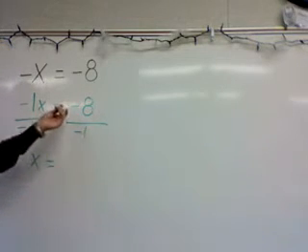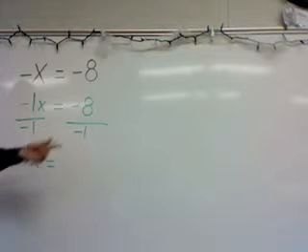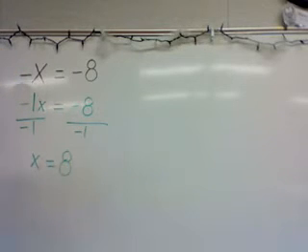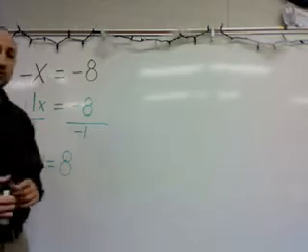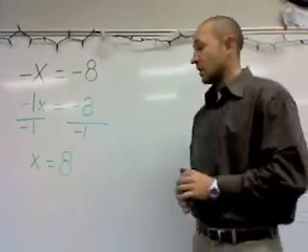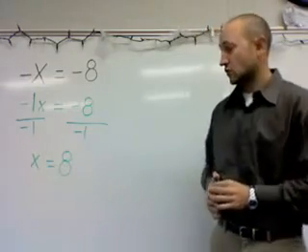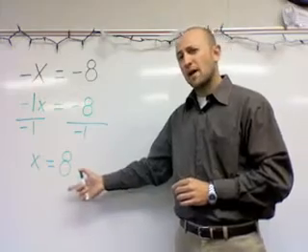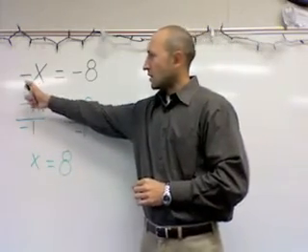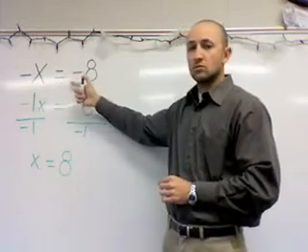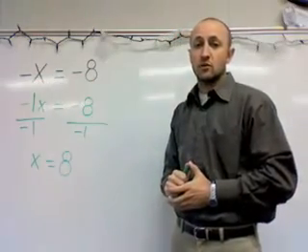And now a negative 8 divided by negative 1 is going to give me a positive 8. Because if we think back to previous lessons, we know that a negative times a negative is a positive, and negative divided by a negative is also a positive. So x is equal to 8. If I go back and check that, negative 1 times 8 would equal negative 8. So I know we did this one correctly.